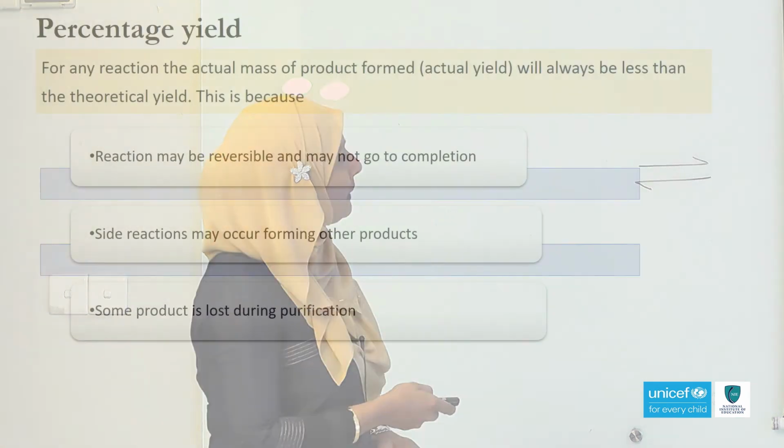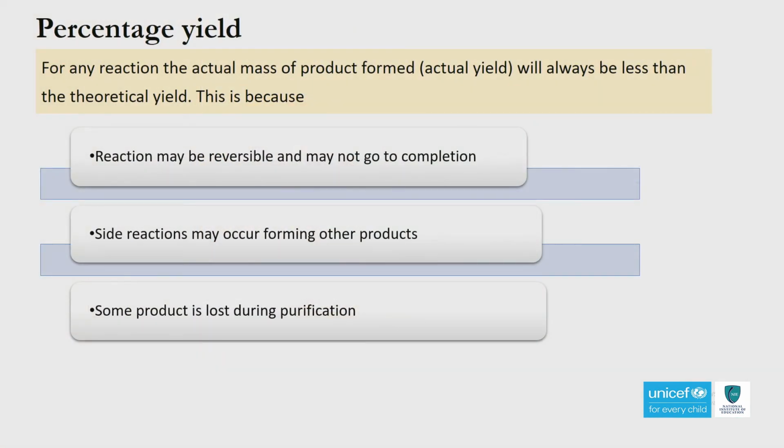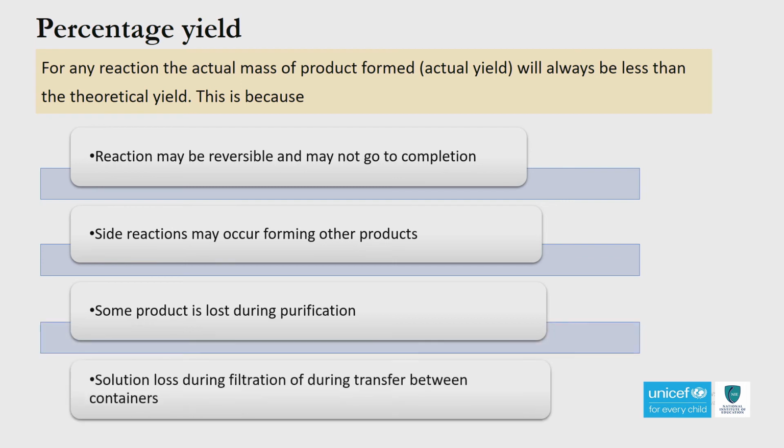There can also be transfer losses, during filtration or when you are changing from one container to another. For those reasons the actual yield is less than the theoretical yield.